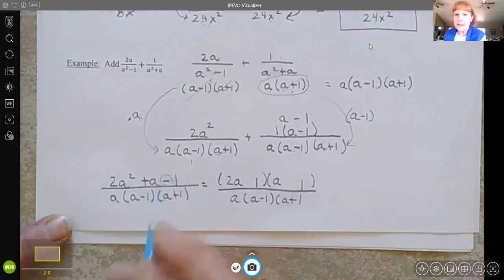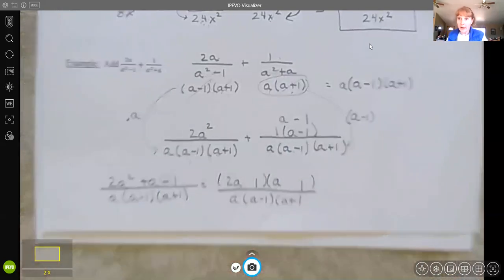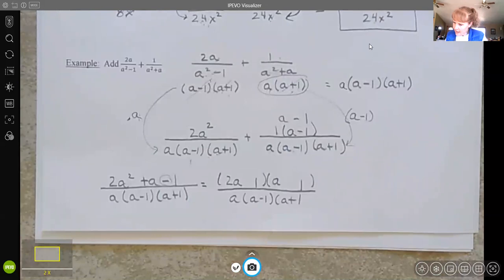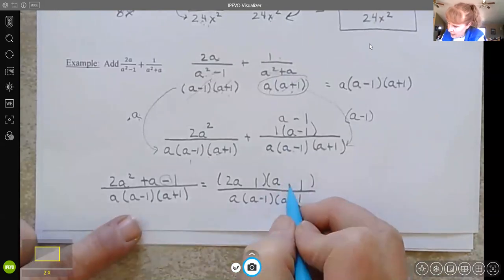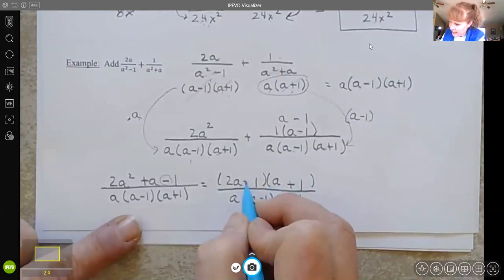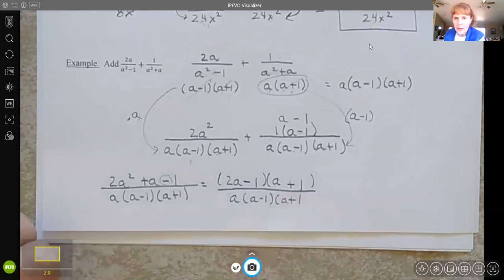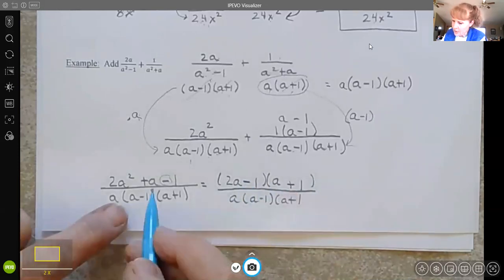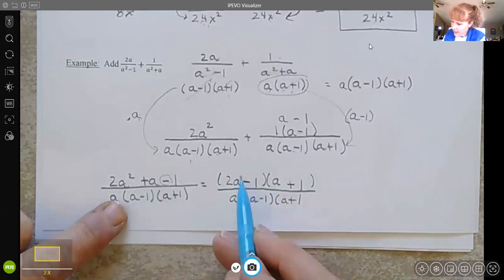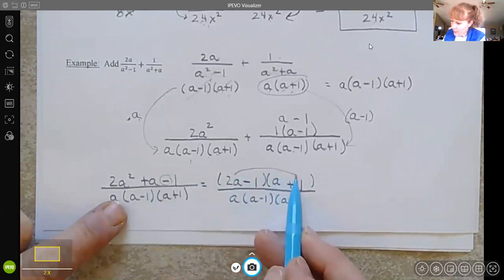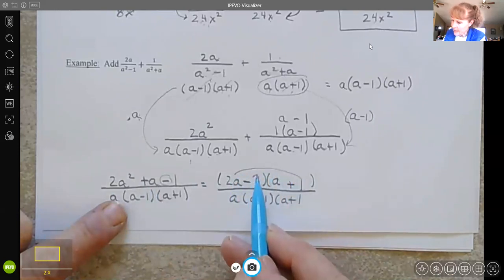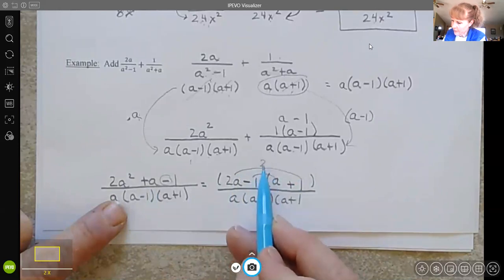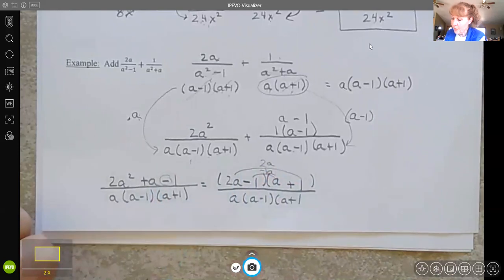But one of them needs to be negative. So let's go with a plus here and a minus here. And let's see if I end up with a plus 1 as a middle term. This is a positive 2a, and this is a negative 1a. Gives me a positive 1a. So it did factor.